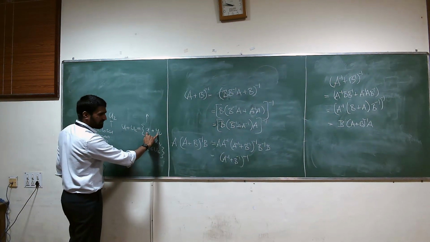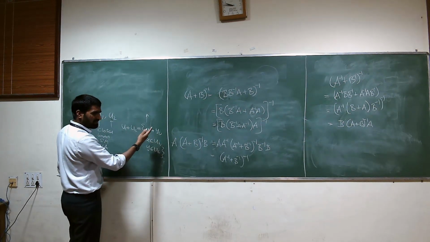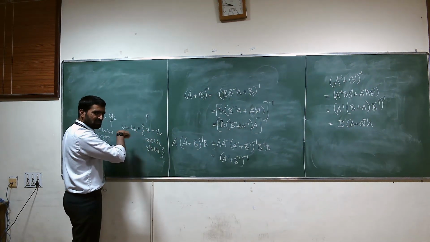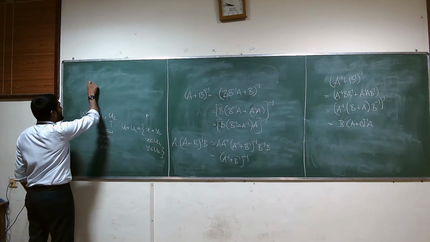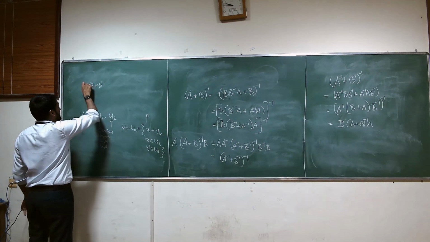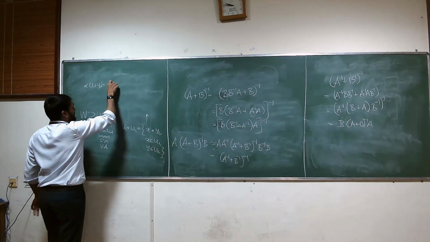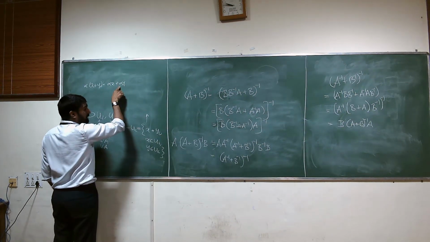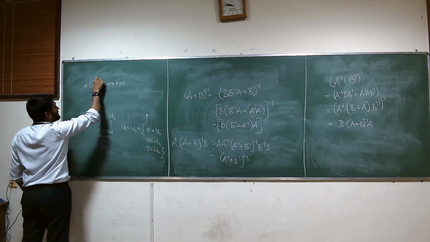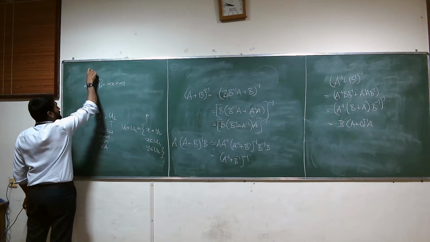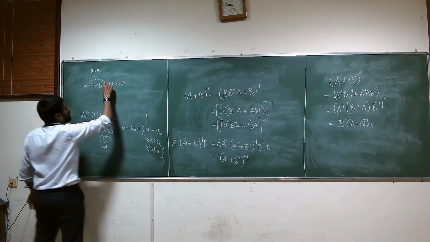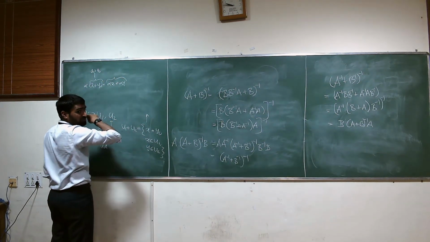If I take any element from here and I scale it, the question is, will that be in this? If I take x plus y and I scale it, I get alpha x plus alpha y. I know that x plus y belongs to U1 plus U2. Now, does this belong to U1 plus U2?